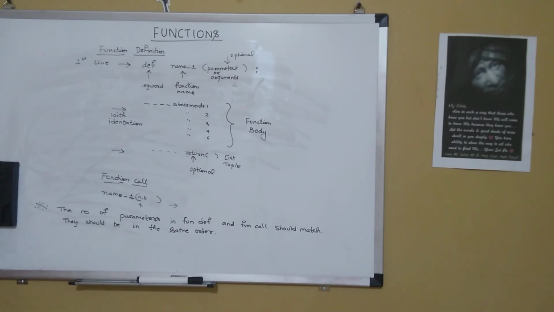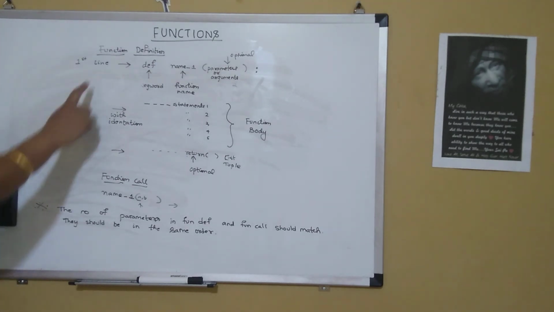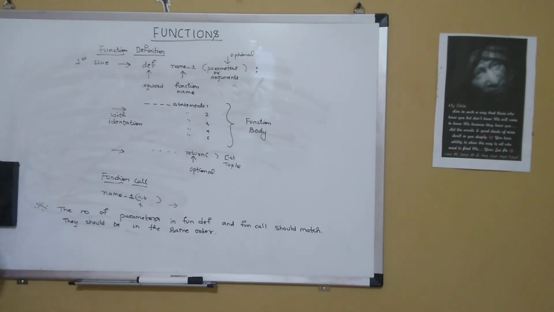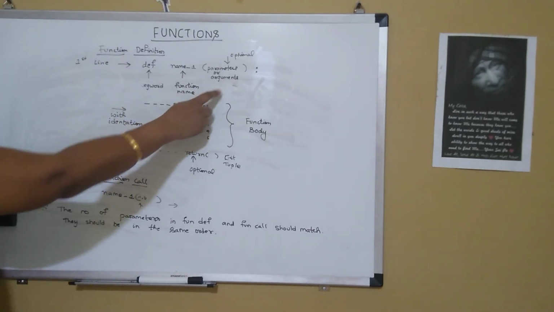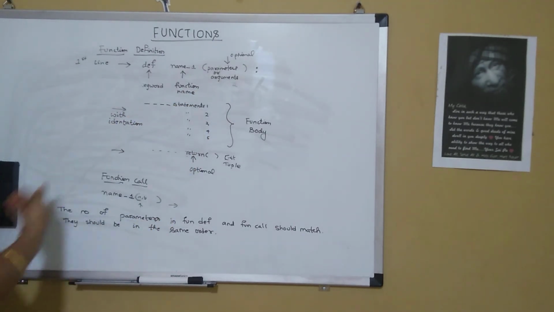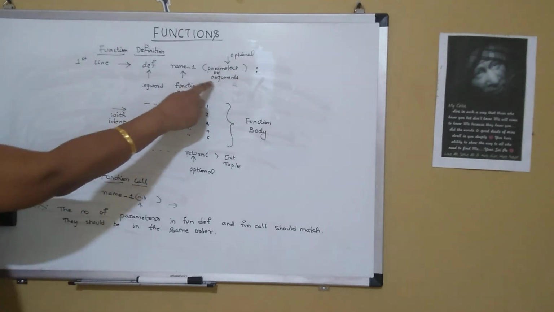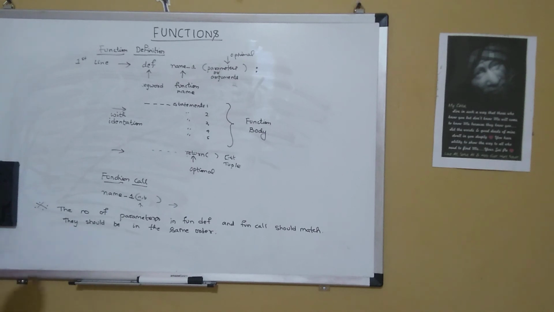So these are the important things which we need to remember while defining a function and making a call to the function. Hope it is clear for you. In the next session, let's see how to pass parameters to the function, how to get values from the function, a single value, multiple values, how to pass more than one parameter to the function or not pass any parameters to the function. So let's see all those things in the coming session.